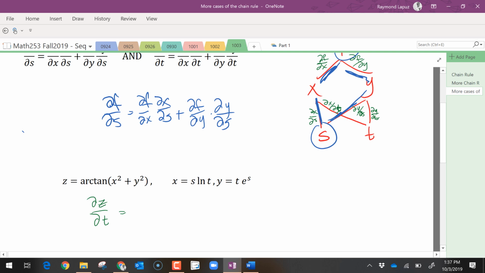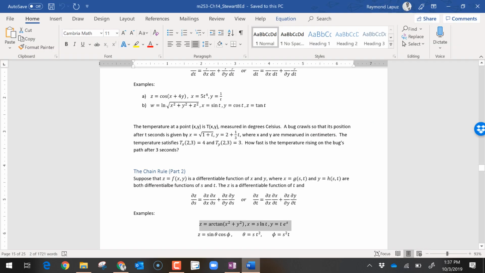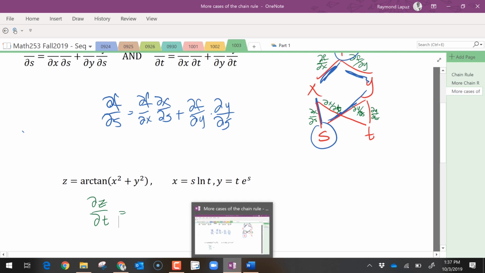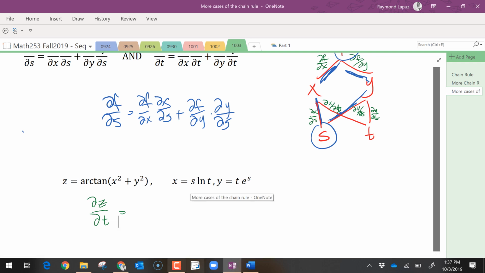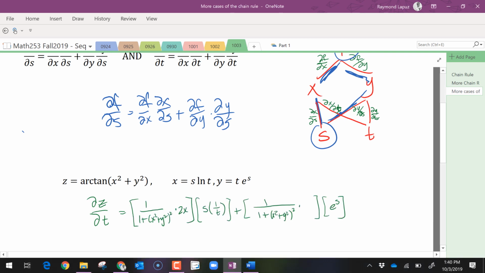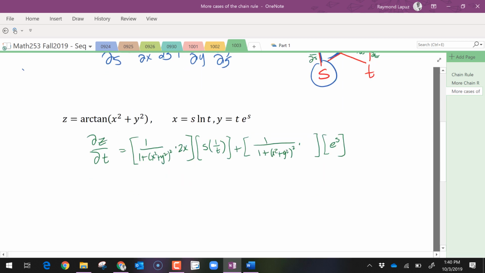Okay, so take a few minutes to think about that and give it a shot in your notes and see if we come up with the same thing. I think I got something. Hope you guys got something similar.